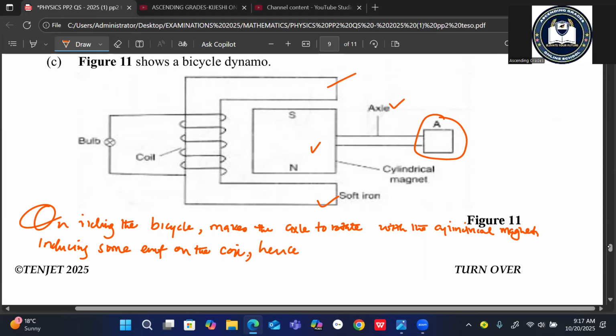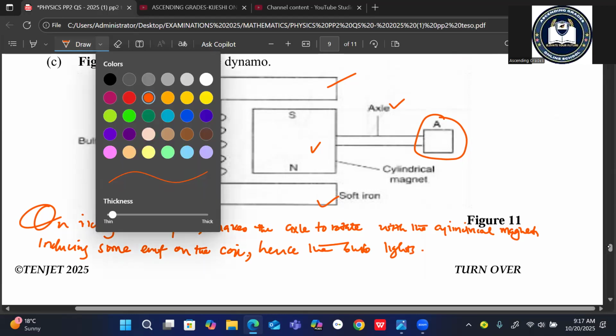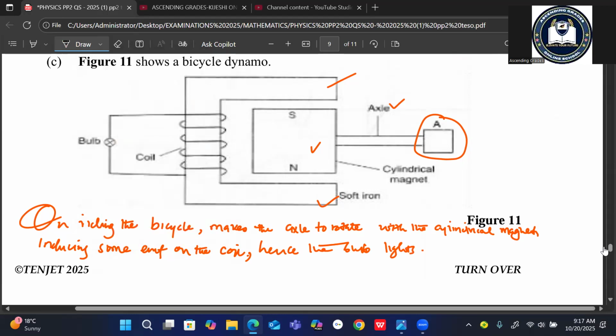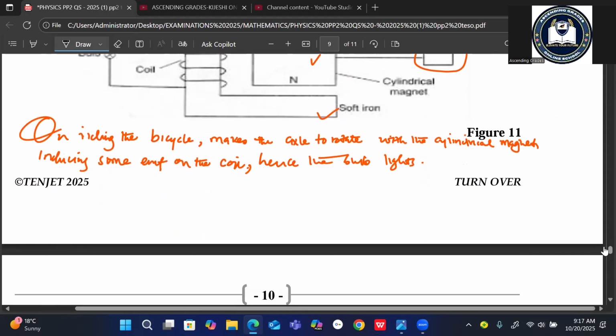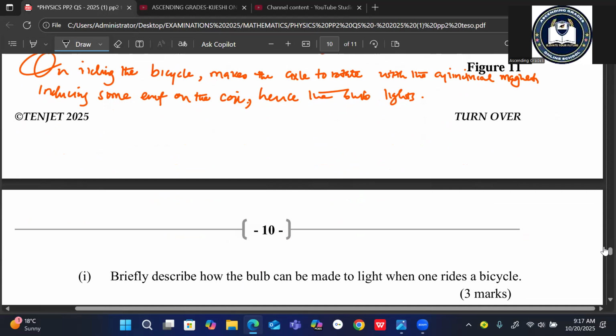Hence, the bulb lights. So that is how it is meant to light.